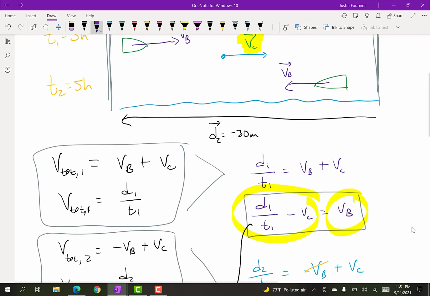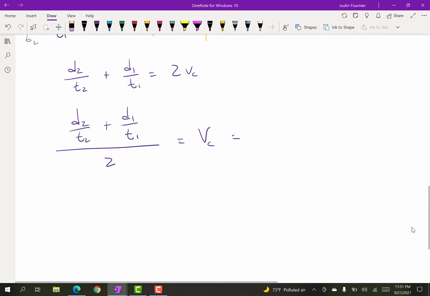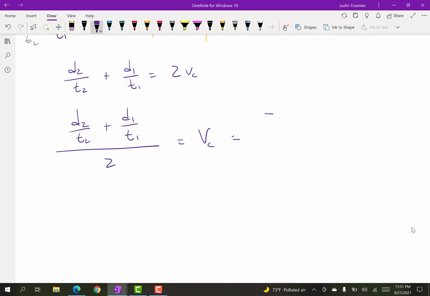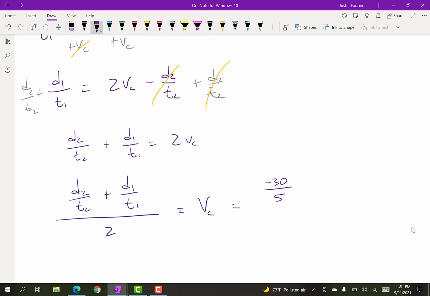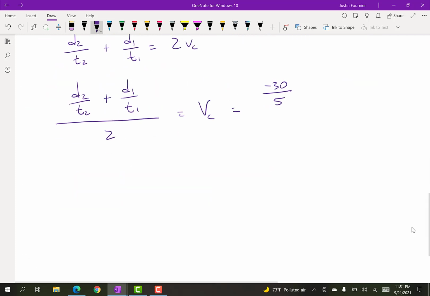D2 was negative 30, so this is going to be negative 30 divided by, I think T2 was 5 hours. So these are in kilometers per hour. Yep, 5 hours. Plus D1 was positive 30 because it just went to the right instead of to the left, divided by 3 hours. And then divide all this by 2.